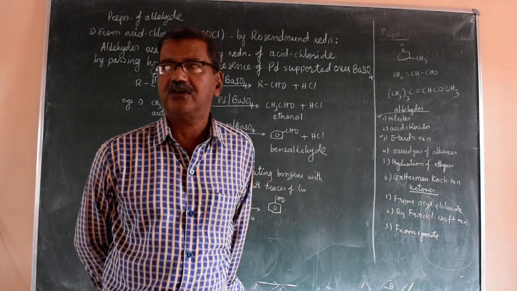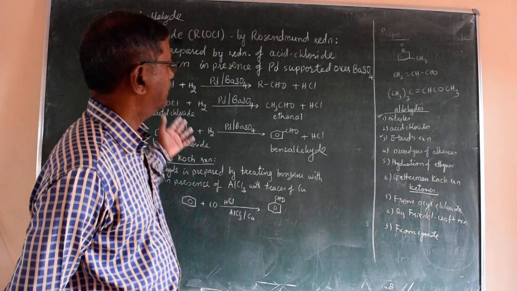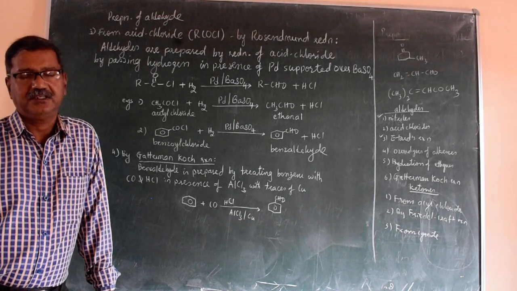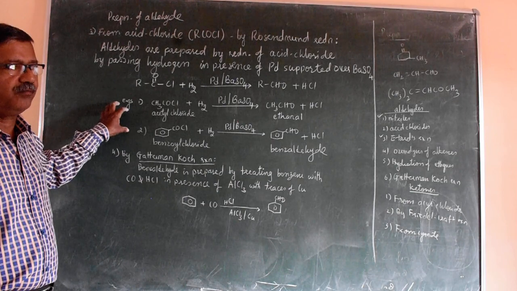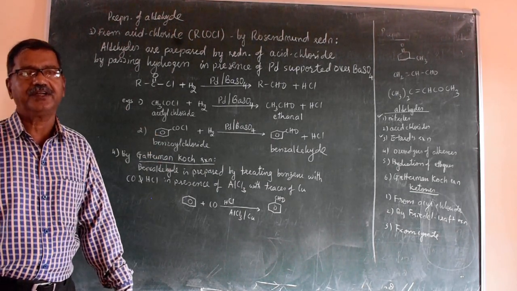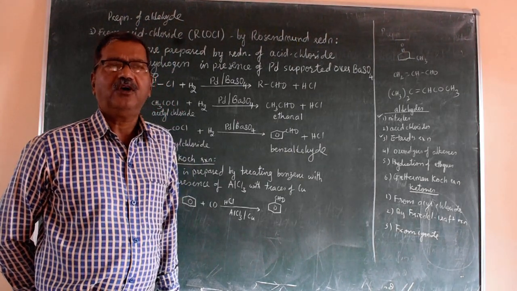That reaction is called Etard reaction. Then Rosenmund reduction and Gattermann-Koch reaction. So remember all these names and what type of product is obtained, and what are the reagents required to get the aldehydes by these reactions.